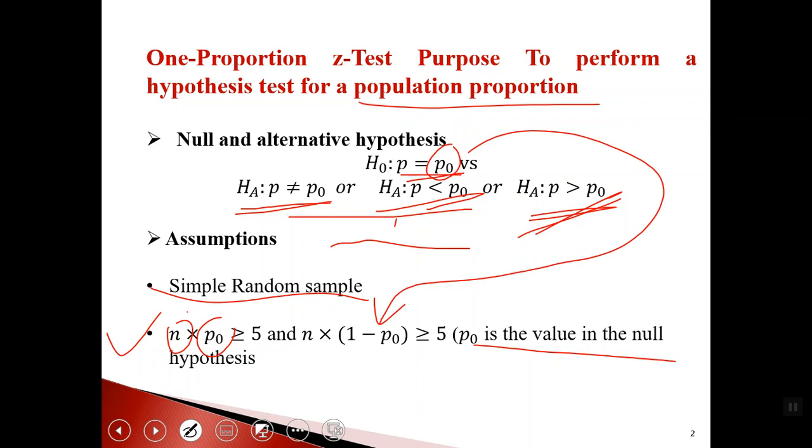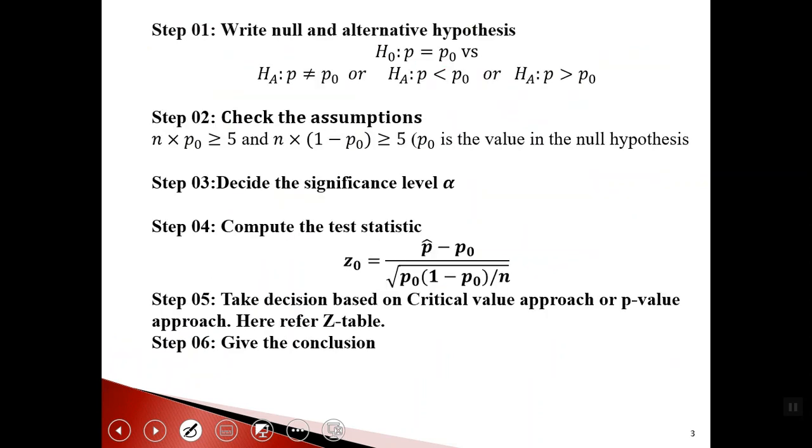Step number one: write the null hypothesis and alternative hypothesis based on your side of the test, left tail test, right tail test, or two tail test. Then check the assumption, which means you have to check just one assumption; it's a must.